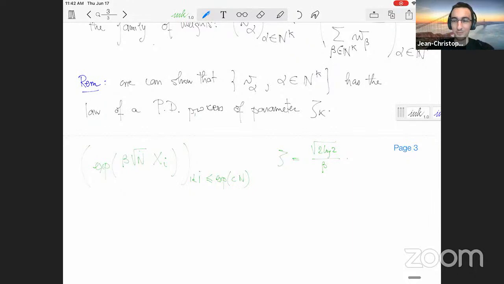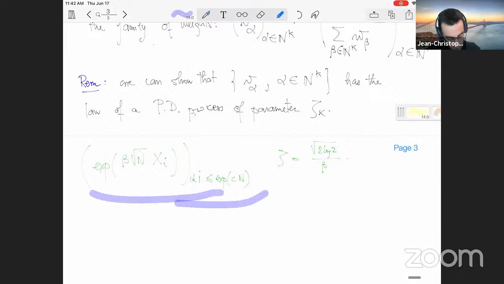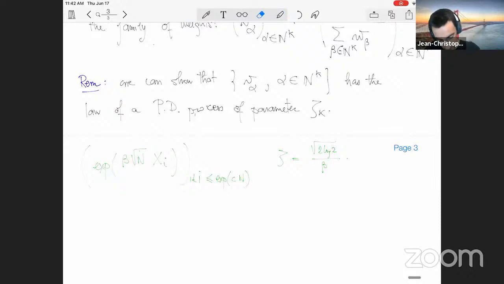The C should be capturing it, representing something with a larger value of C. If we ask the same question again, what do the extremes of this set of values look like if we have exponential of Cn of them? The answer, I guess, is going to be square root of 2C over beta.